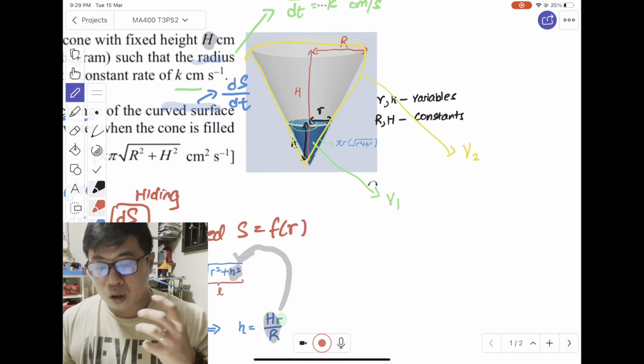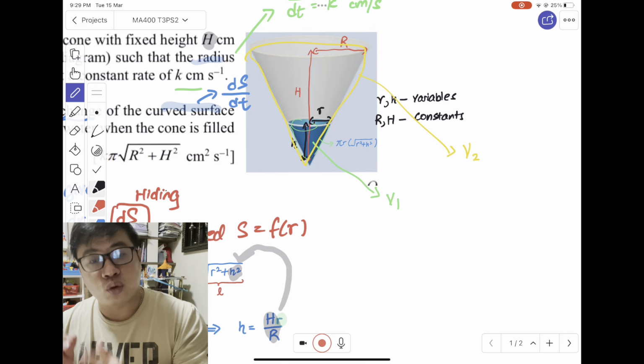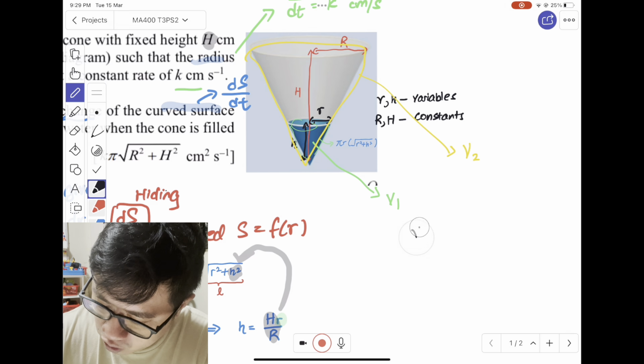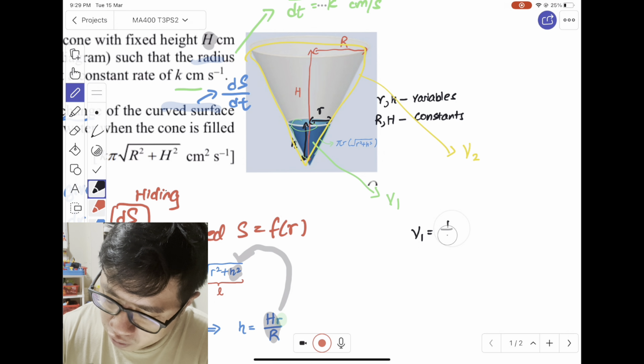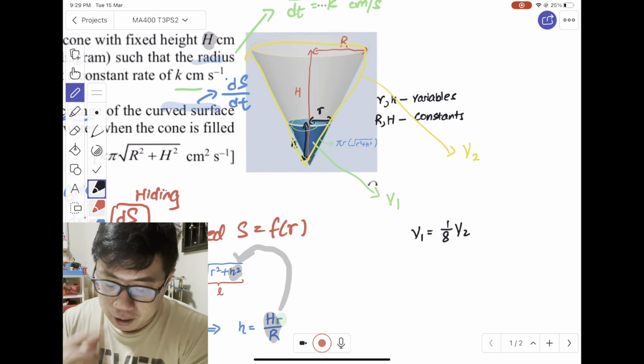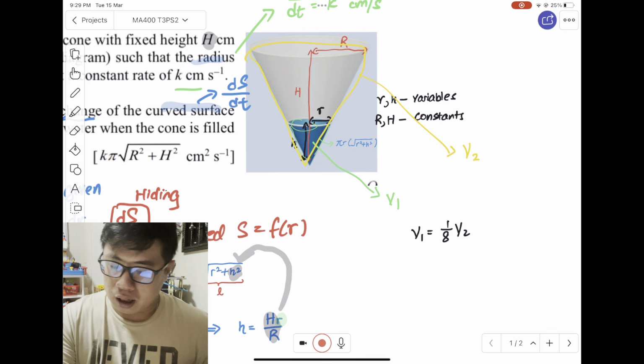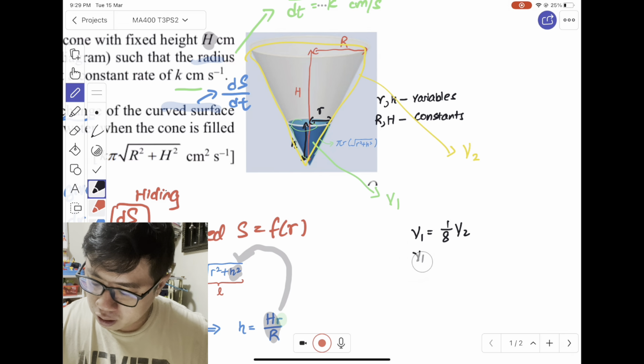Now when they said the cone is filled to 1/8 of its capacity, it means that your V1 is actually 1/8 of V2, because they said it's 1/8 of the capacity. This tells you that V1 over V2 will be 1/8.